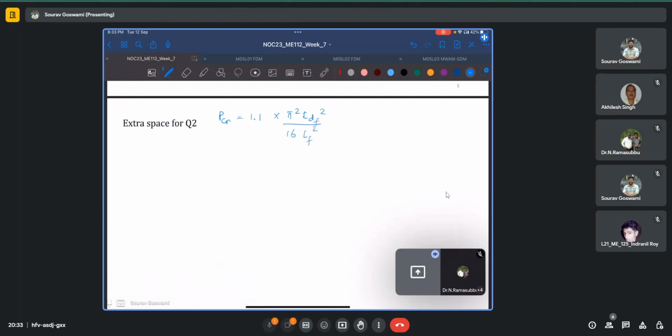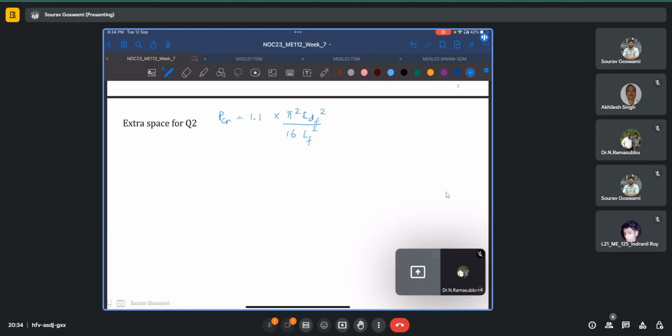So DF is the diameter of the filament, LF is the effective length, E is the Young's modulus, and the factor 1.1 is actually used to accommodate the difference in the filament diameter as well as the entry diameter into the liquefied region, which are not the same. There is a slight difference. So this 1.1 factor is used.